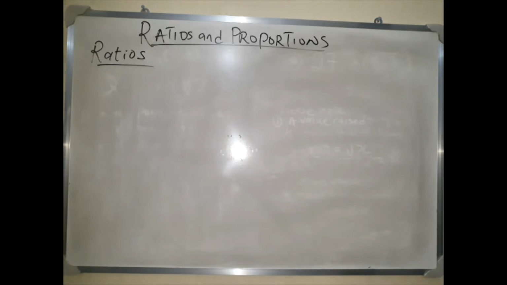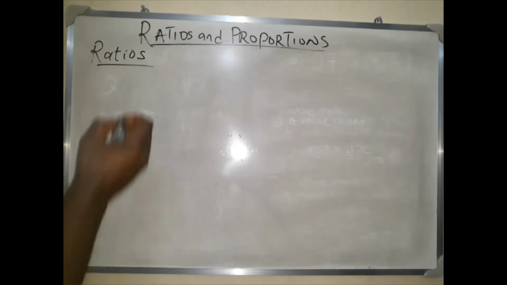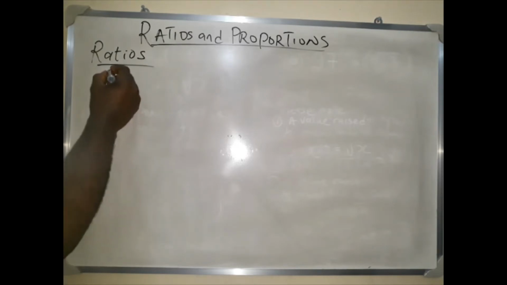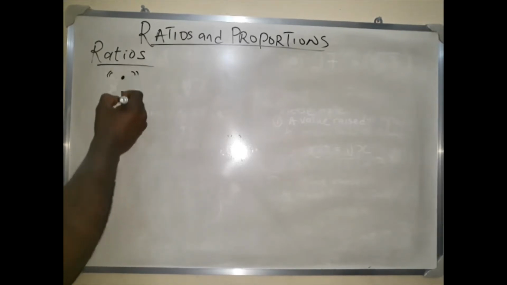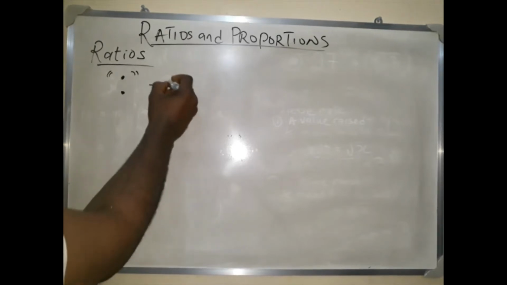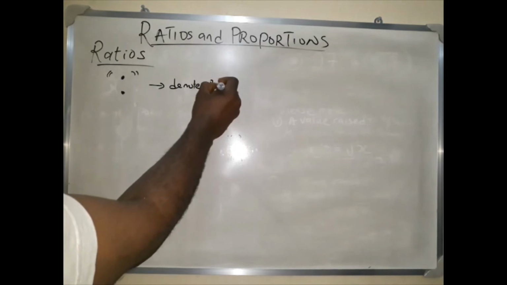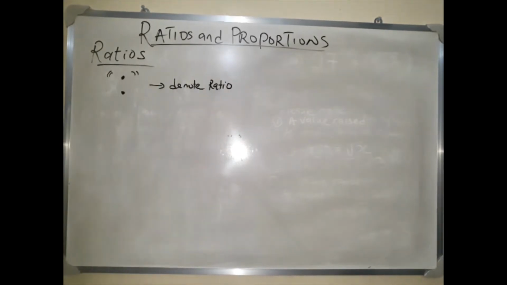Now, the sign commonly used to denote a ratio is this. This sign is usually used to denote ratios, so whenever you see that sign, it's talking about a ratio.